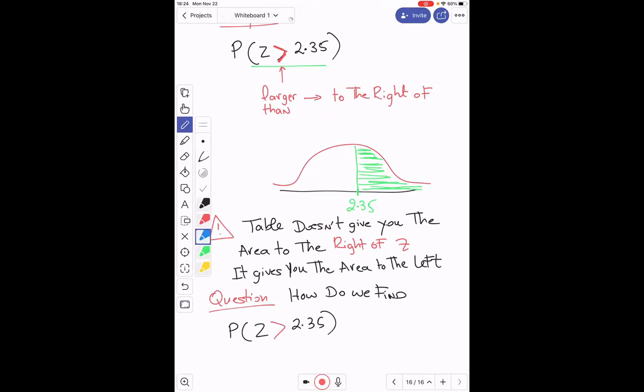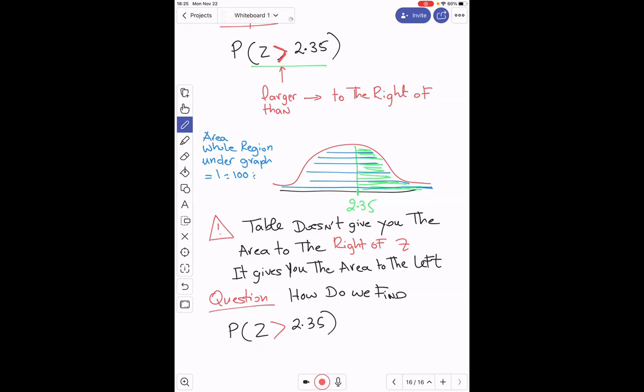The area of the whole region under the graph is one unit square, or it's 100%.